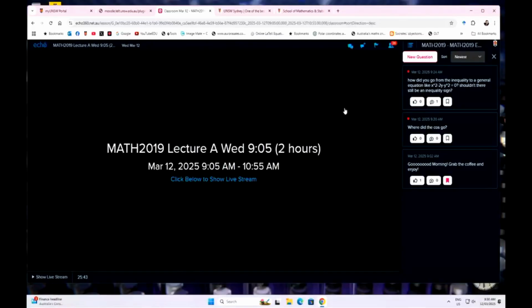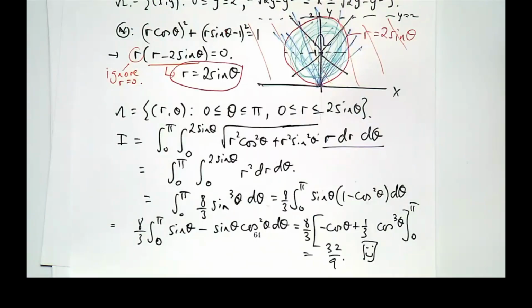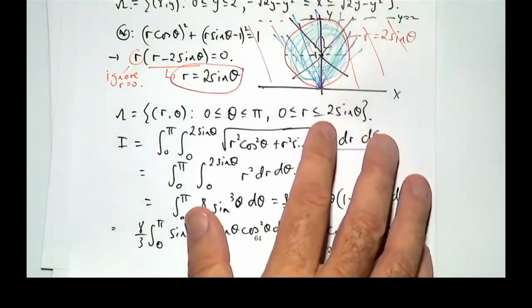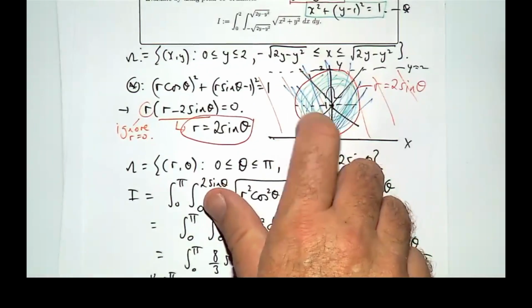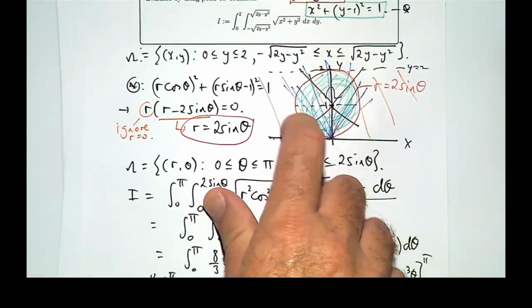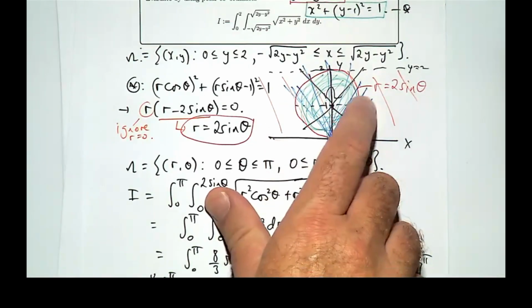How did you go from the inequality to a general equation? Oh, I just set them equal. That's a really good question. Let me put that one up there, and that one up there. So everyone here, right? We're interested in the boundaries, the edges. Okay?